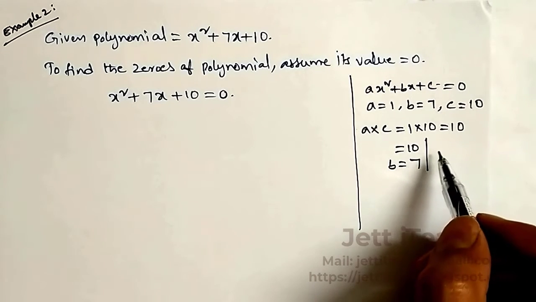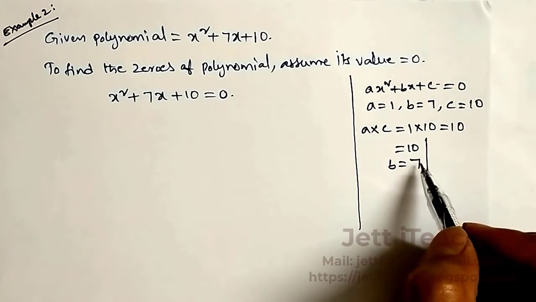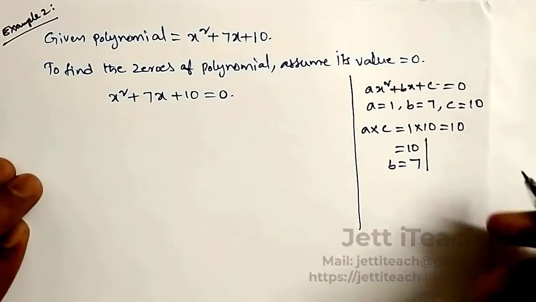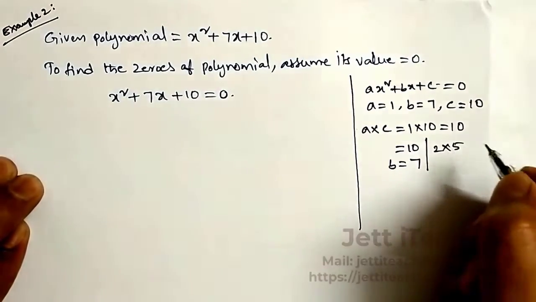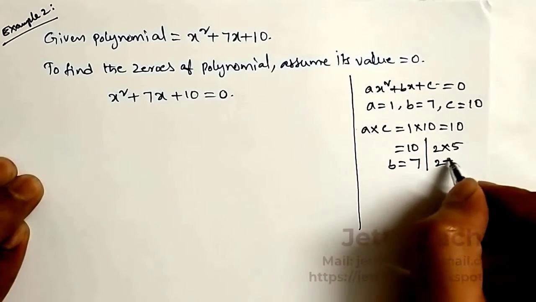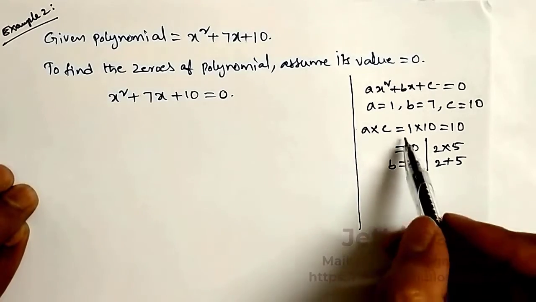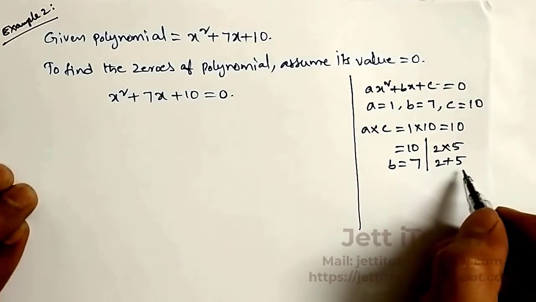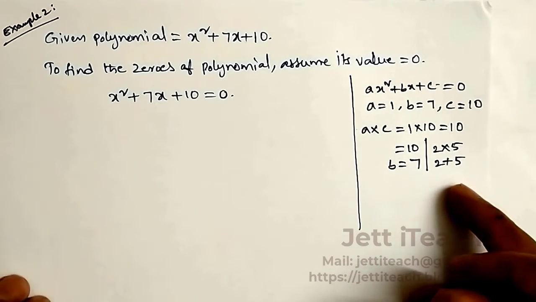Both the numbers should be written in terms of the same two integers. 10 you can write as 2 into 5. 7 is like 2 plus 5. This is how you need to write the values of a and c. It is the main important step to solve this problem.